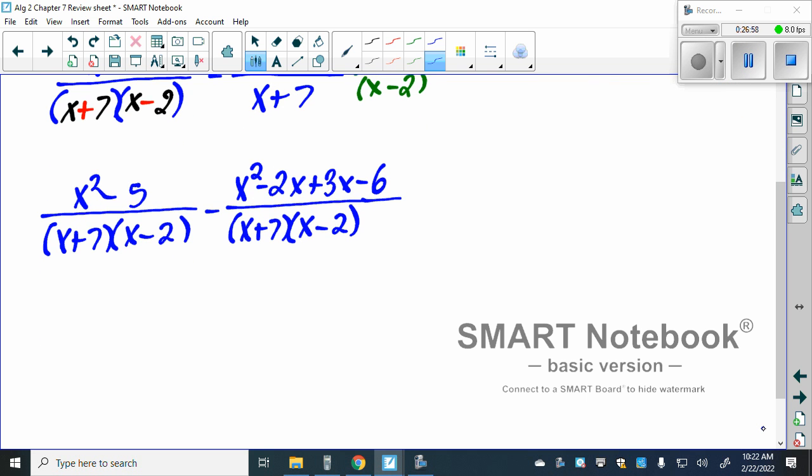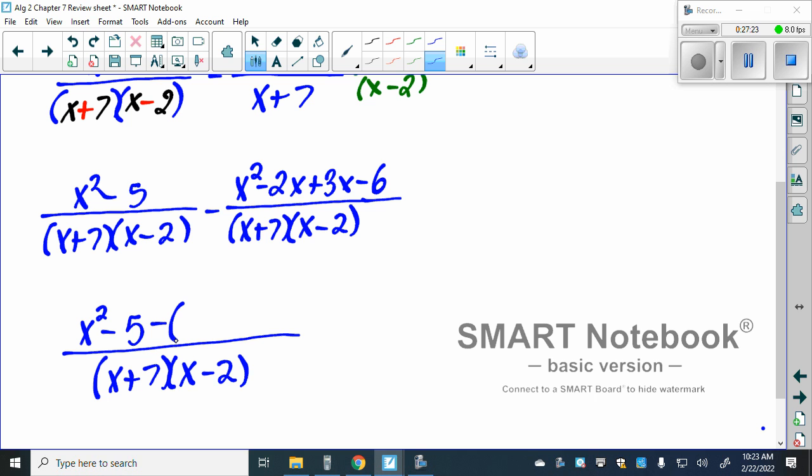Now, as you can tell here, I didn't write this as one fraction because of the minus sign in the middle, because that negative is going to be applied to everything in the second set of parentheses. The x squared minus 5 is not going to be affected because there's not a negative in front of it. The denominator is still going to be x plus 7 times x minus 2.